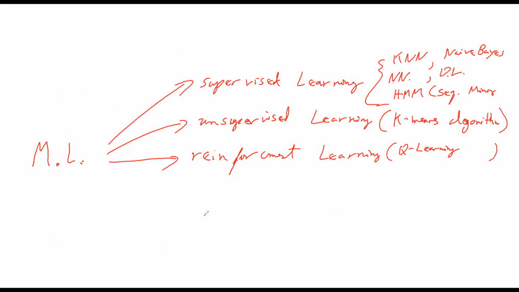Now, there's a reason why we divide it, right? The reason it's divided into supervised, unsupervised, or reinforcement learning has mainly to do with data. What data do we have? For all of these, they all have data, but supervised learning just means that I have the following situation.